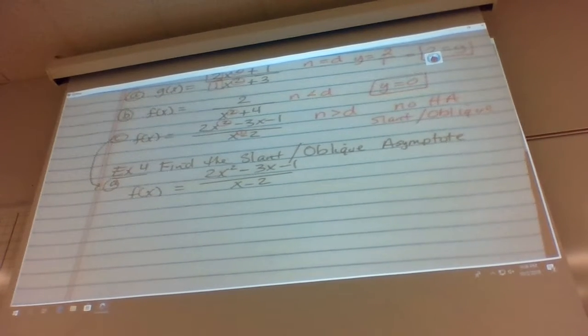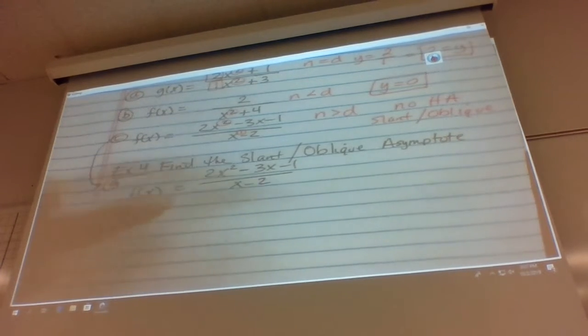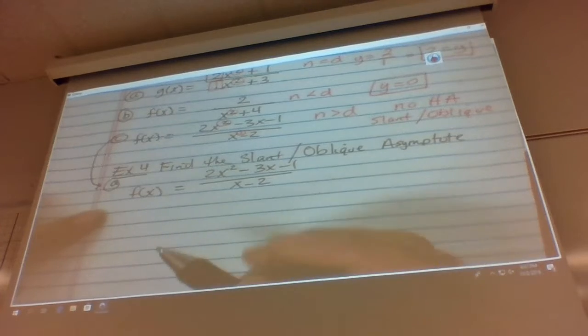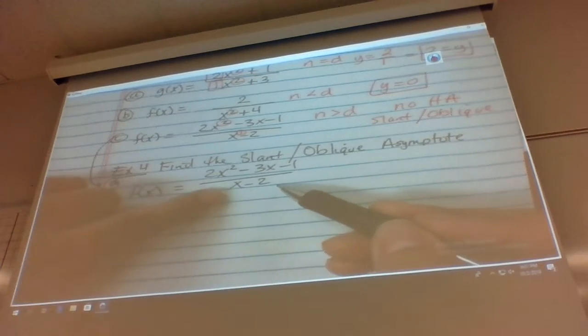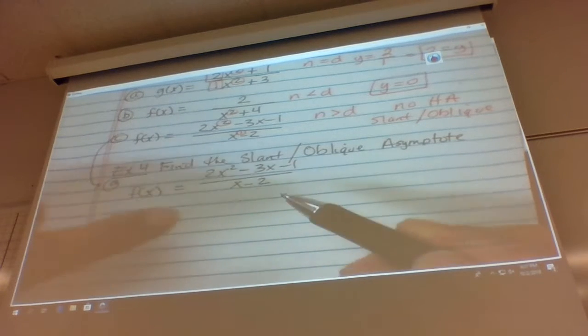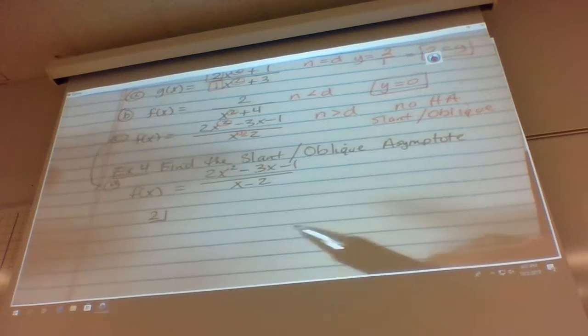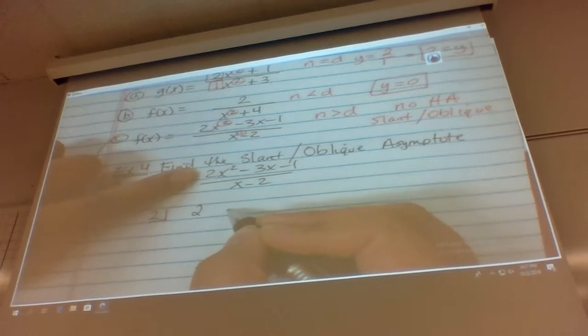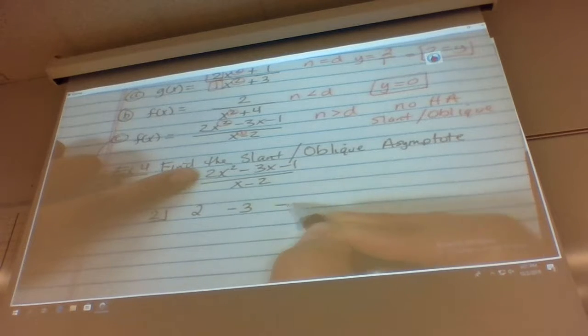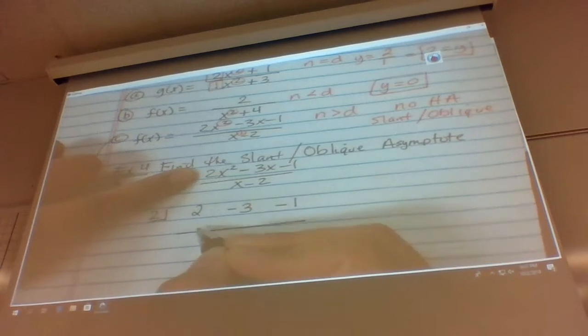Now, what goes here? This number comes down, and this is 2. So multiply, 4, then 1, 3, and 2. Nope, just kidding. This is a 2. I'm so sorry, I apologize.